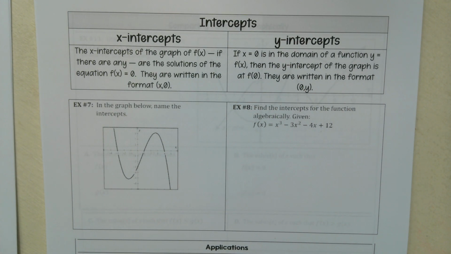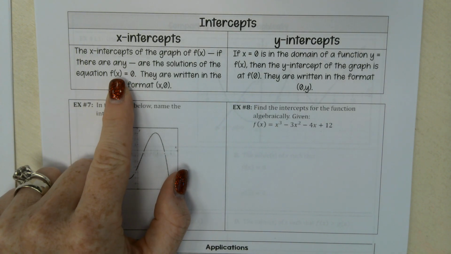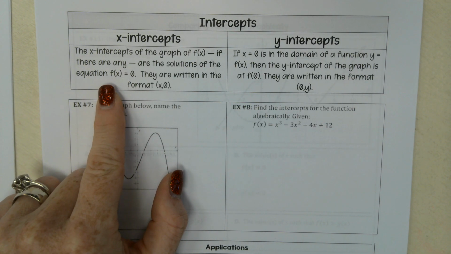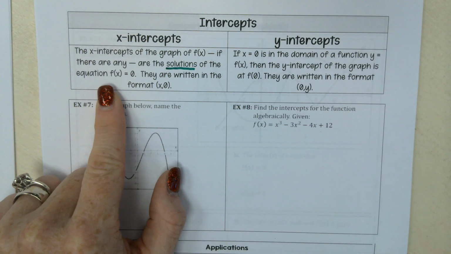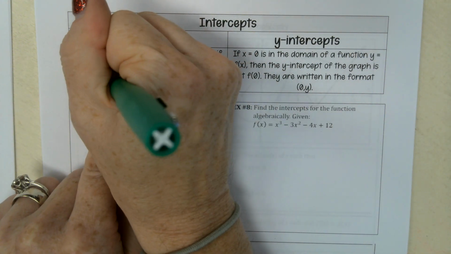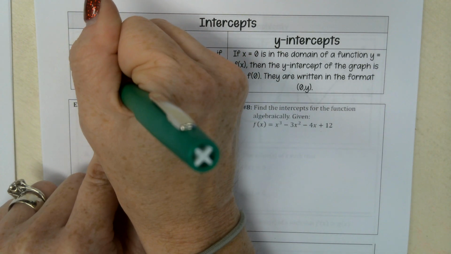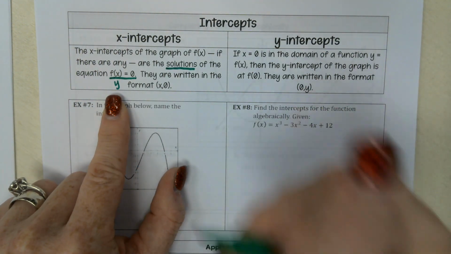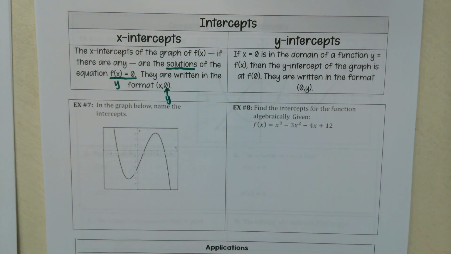An x-intercept is where the graph, if it does at all, crosses the x-axis, okay? They are the solutions, the roots, the zeros, and that happens when f of x is set equal to 0, okay? Well, don't forget that f of x represents y. So right here, my y value is 0.